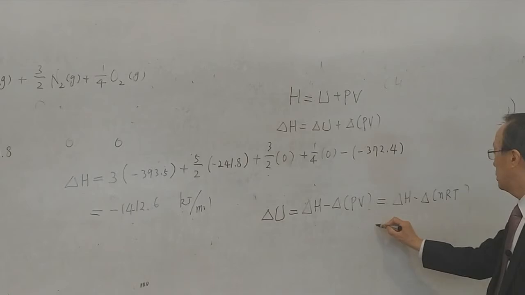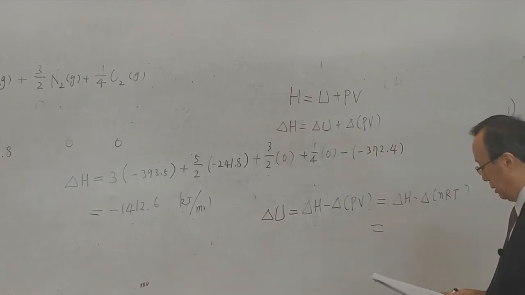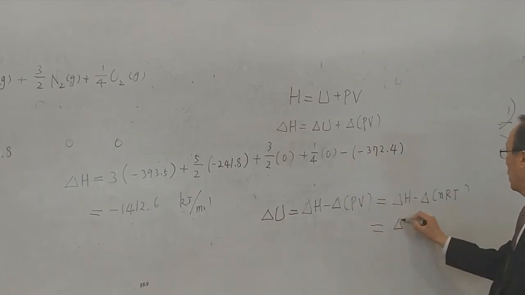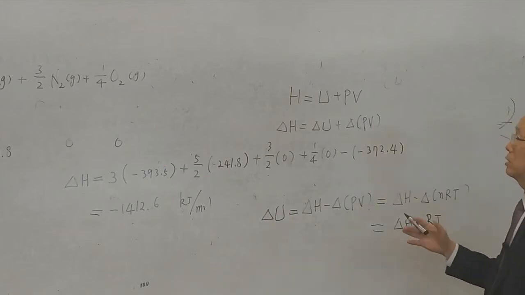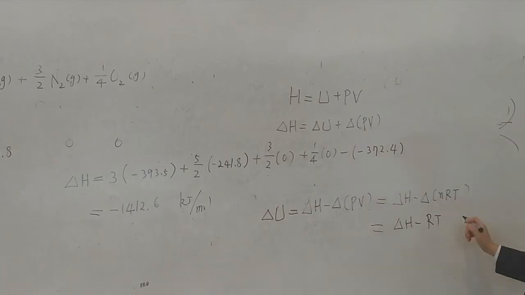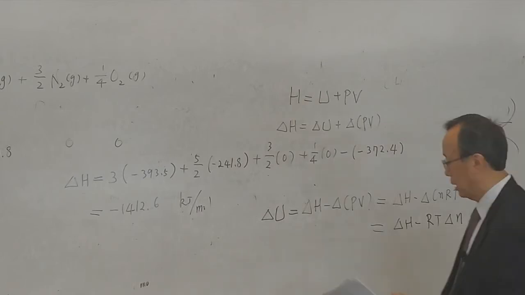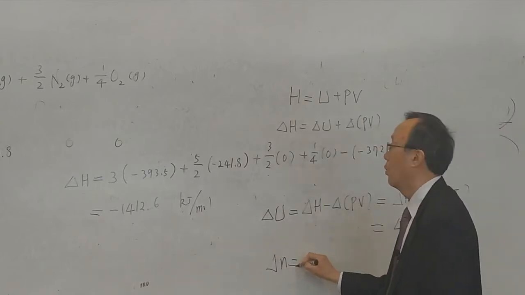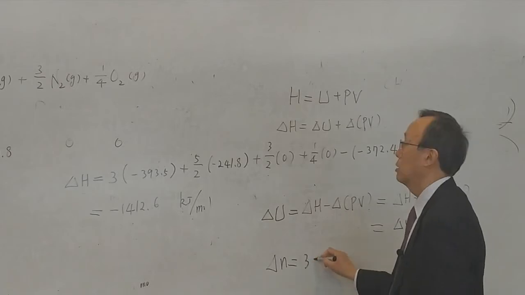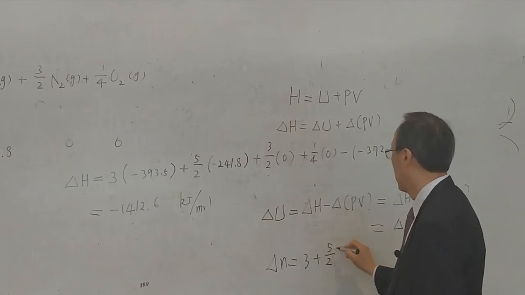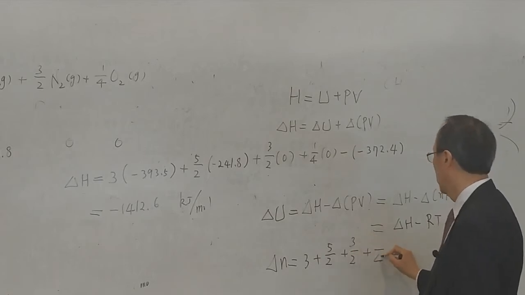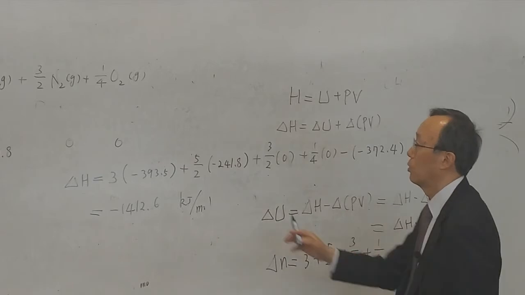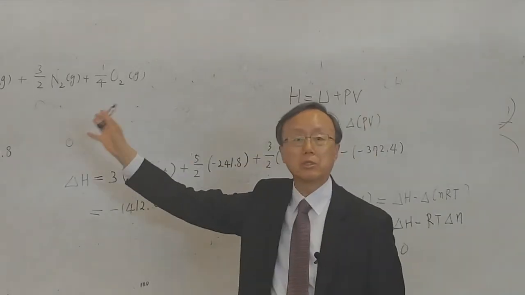So delta H minus delta nRT equals delta H minus delta n RT, because this is isothermal, temperature constant, so delta n remains. What is delta n? Delta n equals 3 plus 5/2 plus 3/2 plus 1/4 minus 0, because the reactant is a liquid state and the products are gas state.